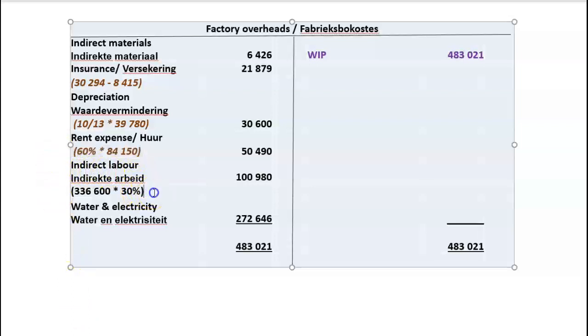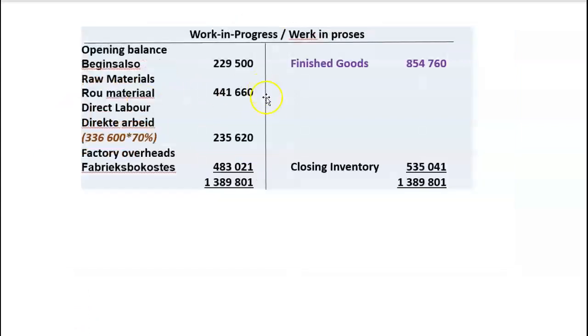So indirect labour, 30% of the total of 336,600, we're going to show as an overhead. And then in work in process, the direct labour would be 70% of the 336,600, i.e. 235,620 as part of work in progress.